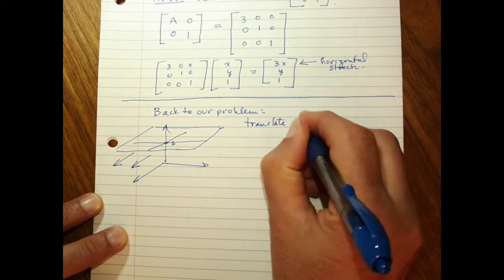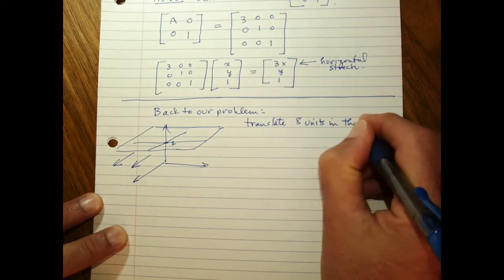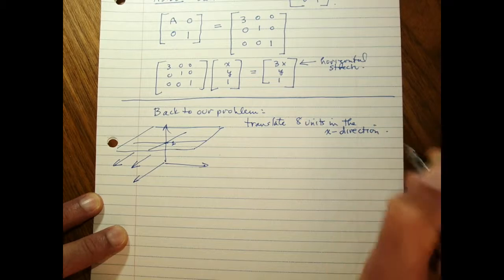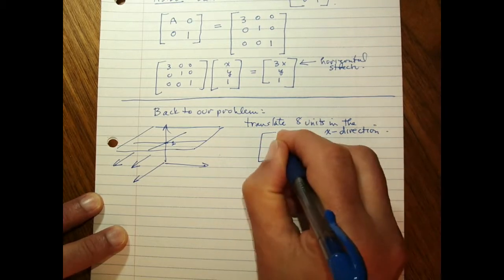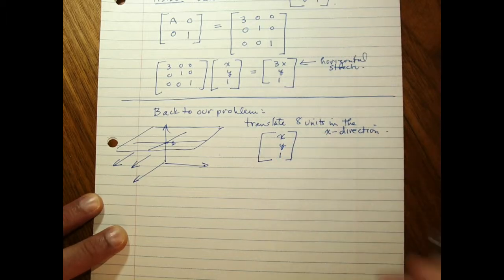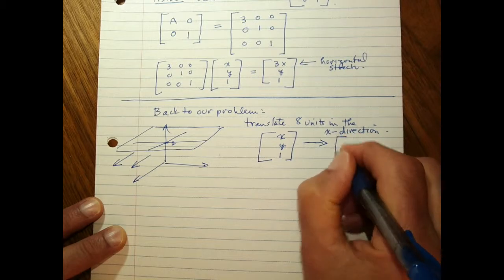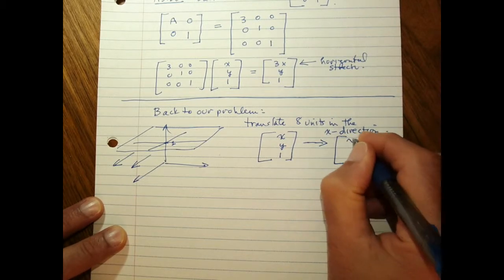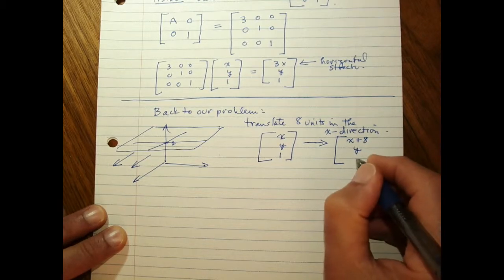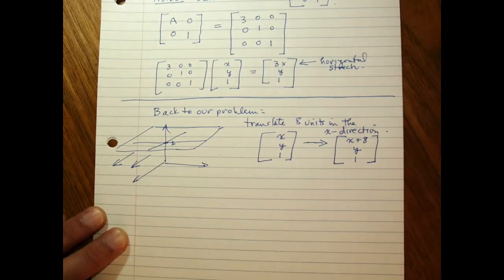Translate 8 units. So I would like a point (x, y, 1) to be transformed into (x plus 8, y, 1): add 8 units to the x coordinate, nothing to the y, and the z is 1.